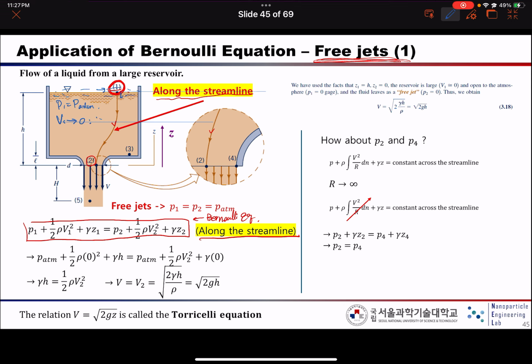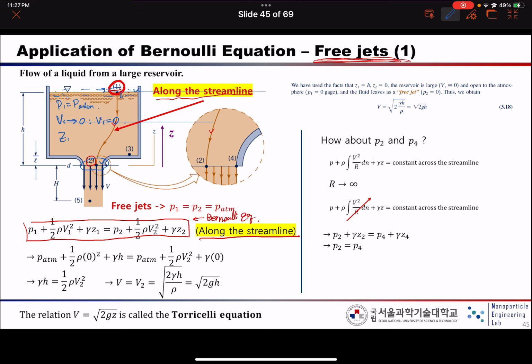So we assume that V1 equals 0, because the size of the hole and the reservoir diameter are very different. And third, the height, which we should consider.